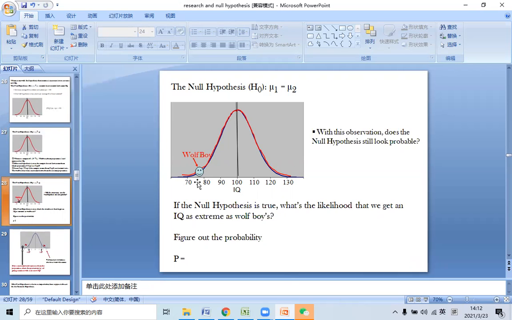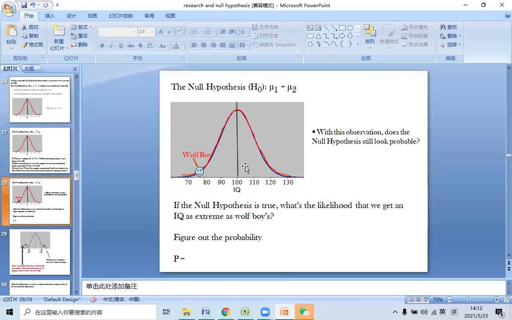And what is the likelihood of finding such a low IQ score if you randomly take people from the curve, from the population? If you take a random sample of one person out of the total population, what is the likelihood that you get such a low IQ score, 75, which is 2.5 standard deviations below the mean?